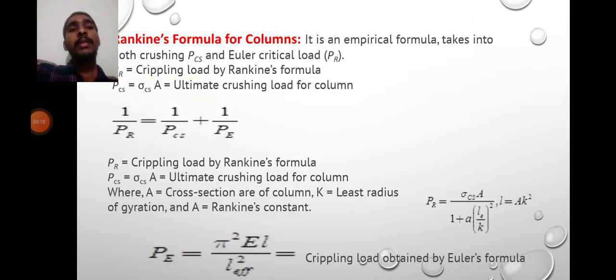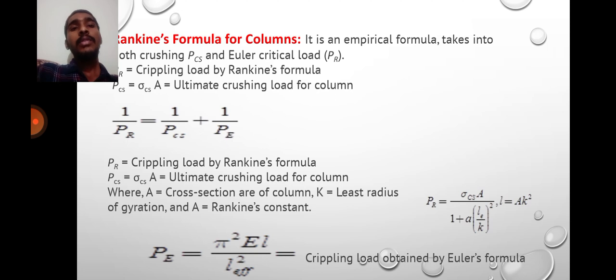Rankine's formula for columns. It is an empirical formula that takes into account crushing load PCS and Euler's critical load PE. PR is equal to crippling load by Rankine's formula. PCS is equal to sigma C into A, the ultimate crushing load for the column. 1 by PR is equal to 1 by PCS plus 1 by PE.